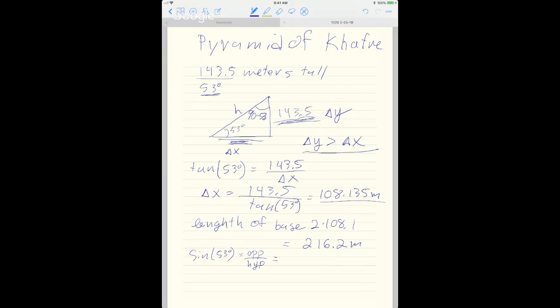And in our picture, that's 143.5 divided by our unknown h. And so h is going to be equal to 143.5 over sine 53 degrees. And we should come out with about 179.68 meters when we perform that computation. Remember to be in degree mode in your calculator.